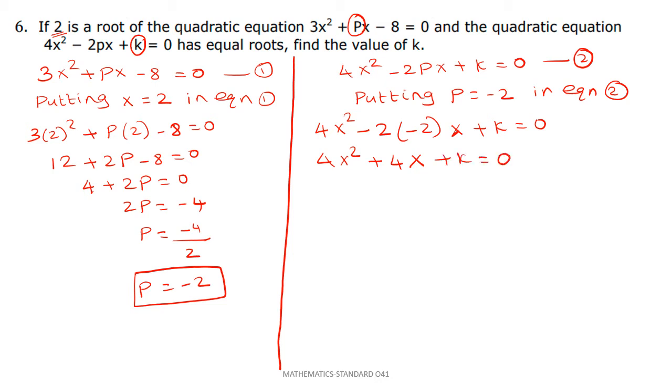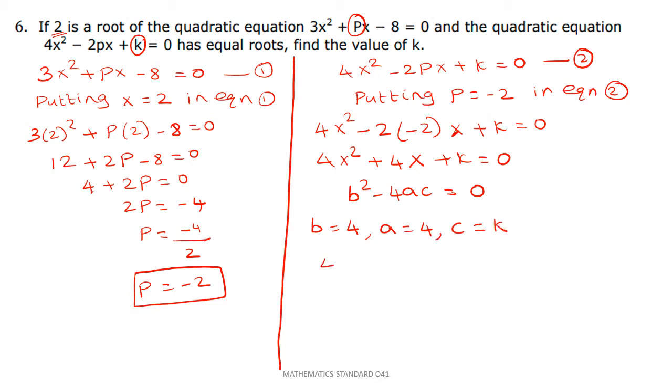Now use the given condition that it is having the equal root. So the discriminant is 0. b squared minus 4ac equal to 0. So now what is the b value here? So the b value is 4. a value is 4. c value is k.